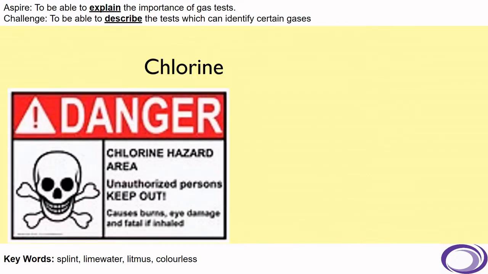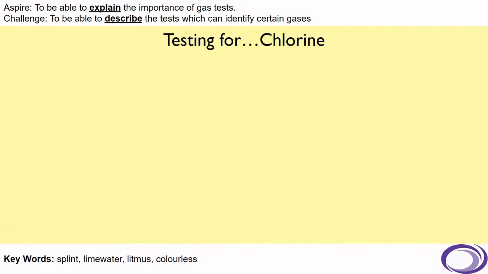Moving on to our next gas, chlorine. You may remember us mentioning this gas when we learned about water and sterilising water. Now, the reason we can use chlorine to sterilise water is because it is actually a toxic gas, which means it's really important that we know how to test for this. Now, in testing for chlorine, again, the first thing we will need to do is collect a sample of that gas.